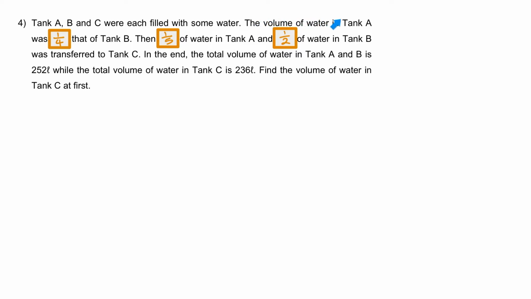The volume of water in A was a quarter that of B, which means B is 4 units, and A is 1 unit. Remember, whenever there's a fraction in between two items, the numerator will belong to the item mentioned before it, and the denominator will belong to the item mentioned after the fraction. A, 1 unit; B, 4 units.